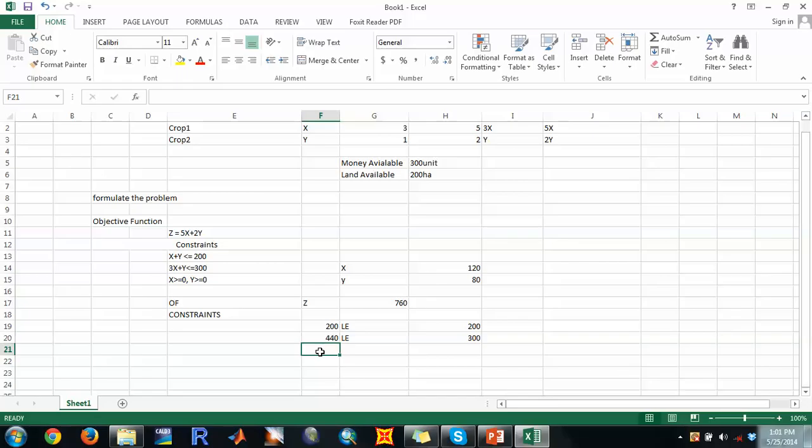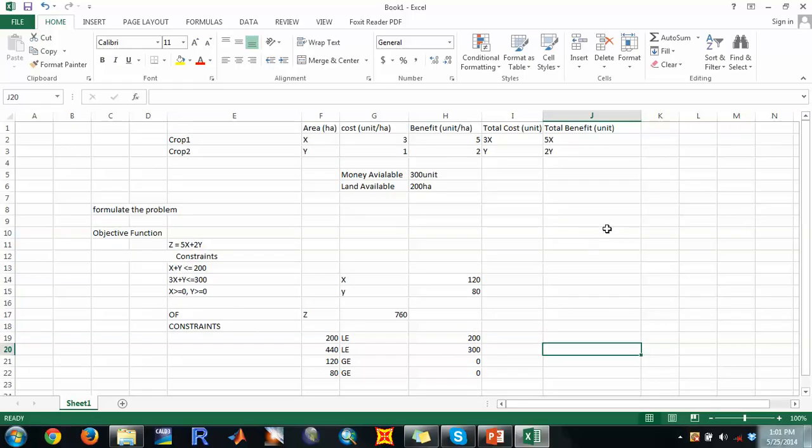At the same time, x should be greater than or equal to 0, and y should be greater than or equal to 0 again. This is the last constraint. So depending on this, we can iterate for the best values that we can obtain.